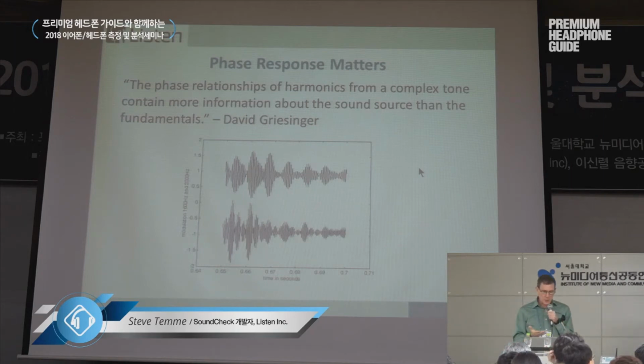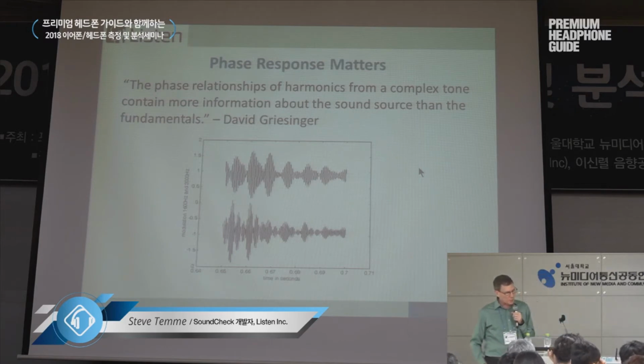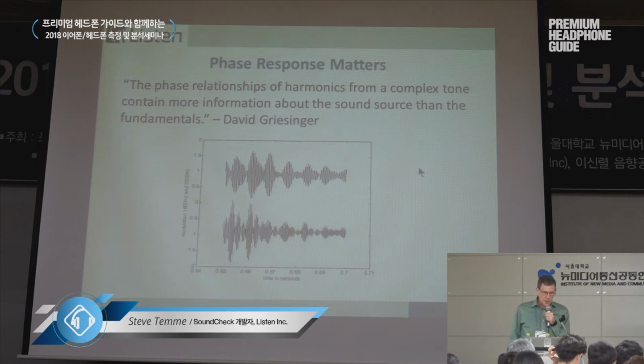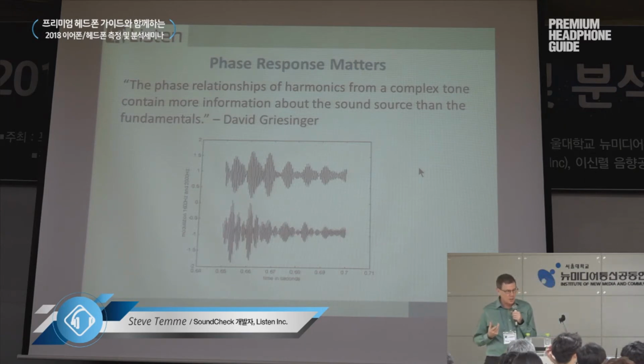The first person that I found was David Griesinger, who's kind of a famous acoustician at Lexicon Harman. I think he's actually a consultant now. And he said the phase relationships of harmonics from a complex tone contain more information about the sound source than the fundamentals. And he had this graph to explain it.